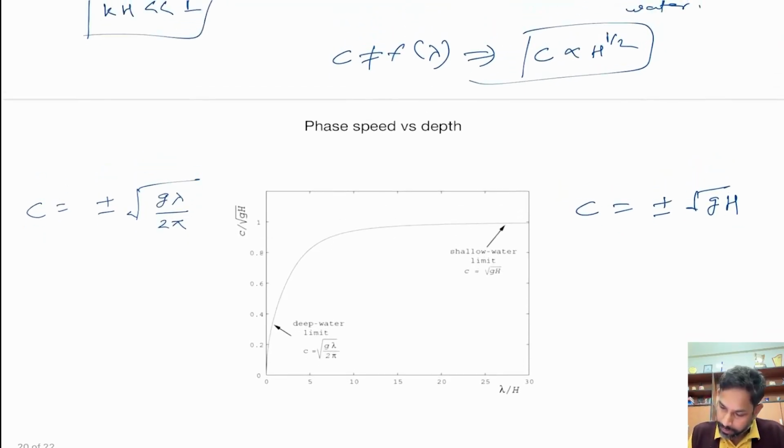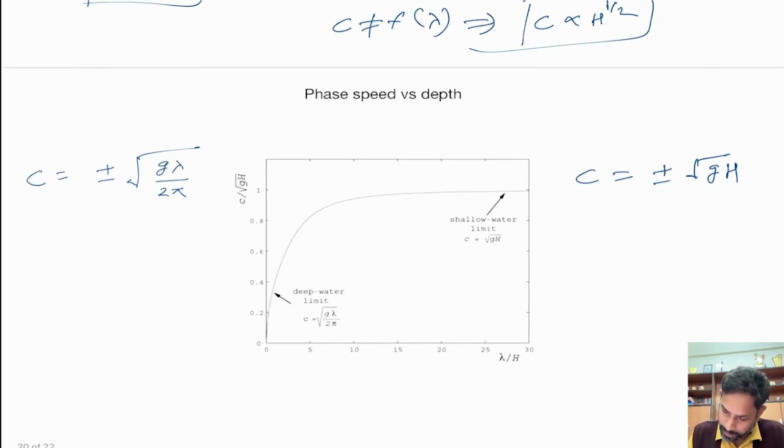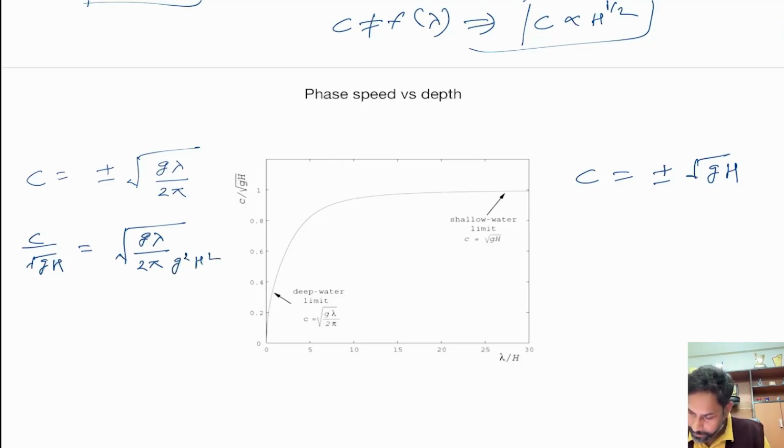And we are trying to plot it against the square root of gh. So we will do c over square root of gh, and I'll simply remove the plus minus sign from here. I think it does not have to be squared, and this becomes equal to 1.